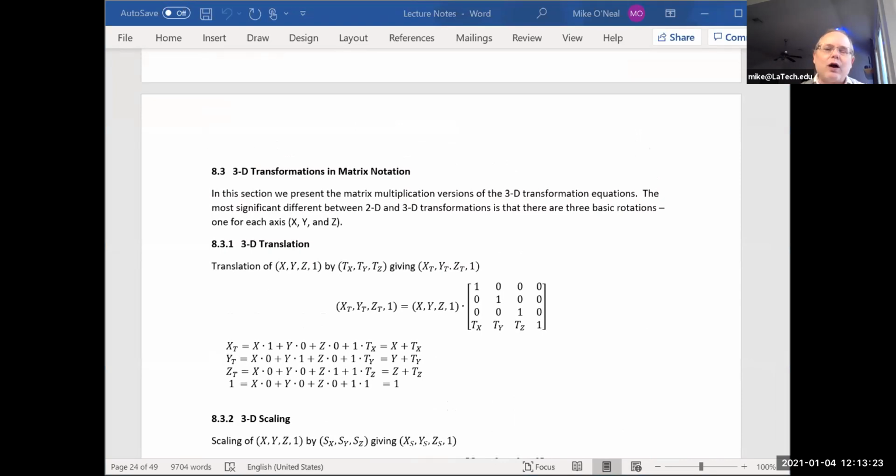But the reason why we're going to spend some time talking about matrices, there's a bunch of reasons. One of them is that if you ever want to use Direct 3D or OpenGL or anything like that, they all use matrix notation, so you're going to have to understand matrix notation. Okay, so that's a practical reason.